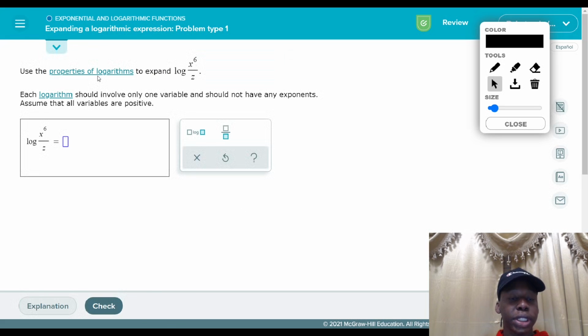So this is basically the same question that we covered in example 1. We're going to use the properties of logarithm to expand this function, which is log of x to the power 6 divided by z.